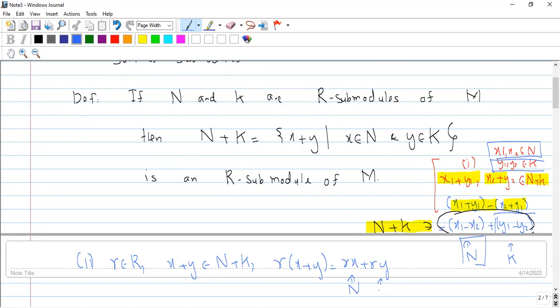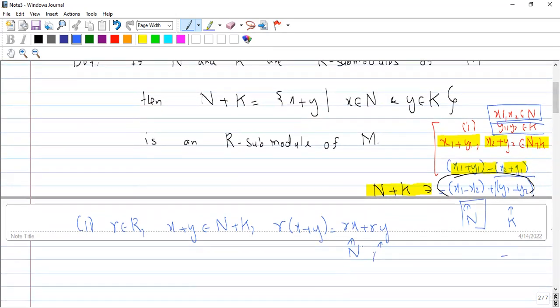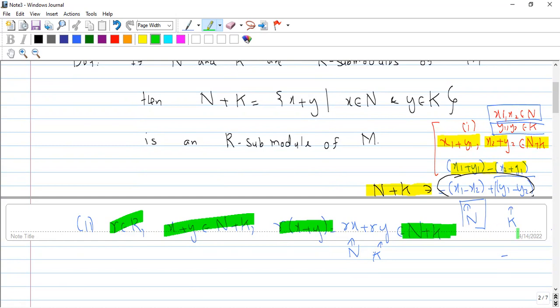Since x is an element of n, Rx is an element of n, and y is an element of k, so Ry is an element of k. So this whole thing is an element of n plus k. This shows that if you take an element of n plus k and an element of R and multiply, you again get an element in n plus k. So steps 1 and 2 imply that n plus k is an R submodule.